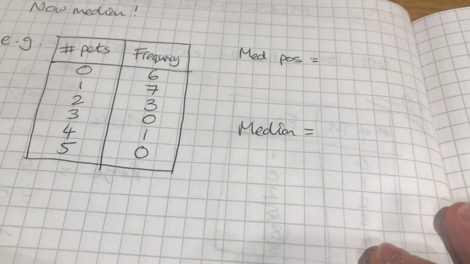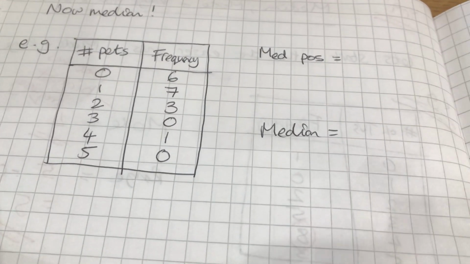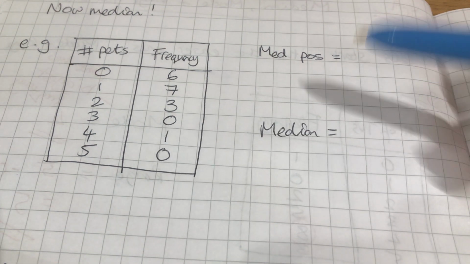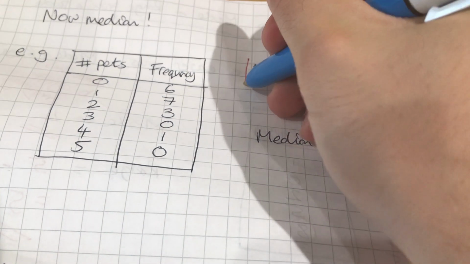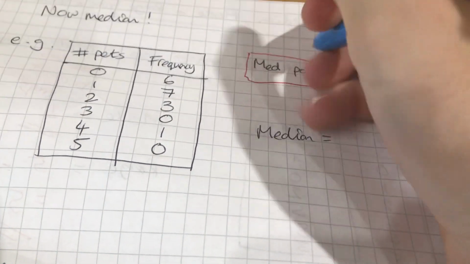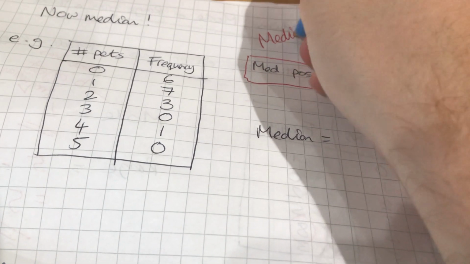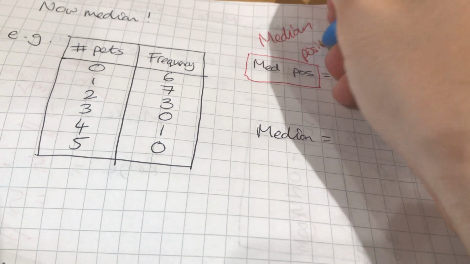Right, now onto the harder stuff, I'm afraid. The median. So here's our table. What I always try to find before I even find the median is something called the med-pos, short for median position. We need to find where that median is.